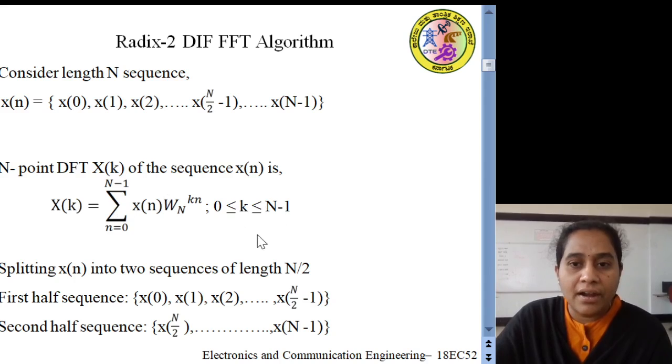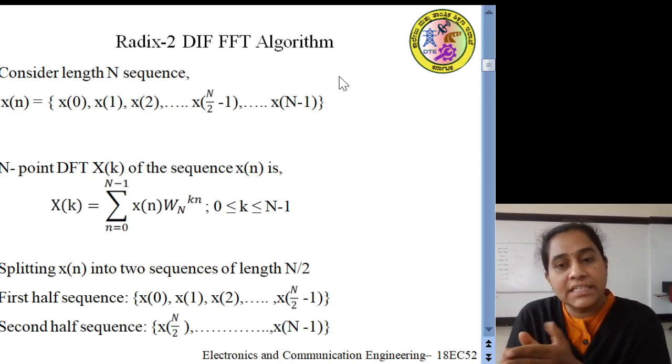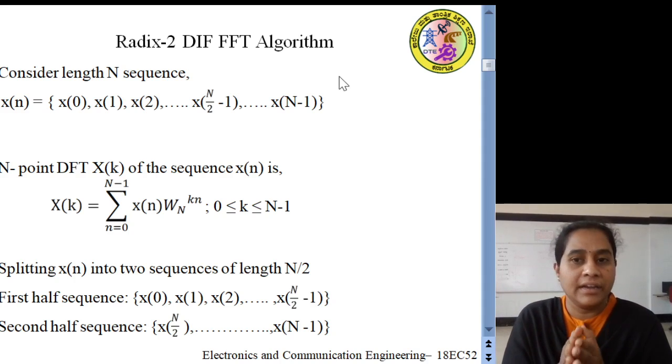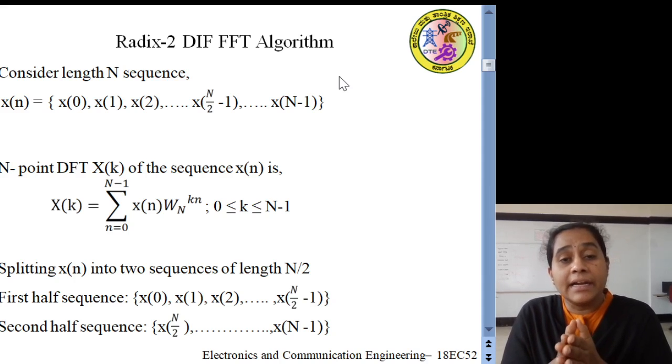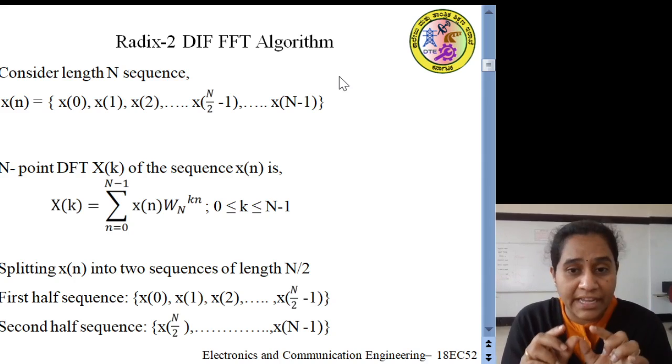As it is a radix 2 DIF FFT algorithm, the basic concept behind radix 2 algorithms is we are dividing till we obtain 2-point DFTs.